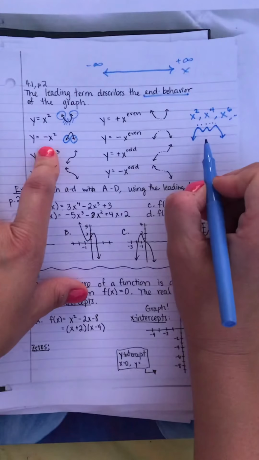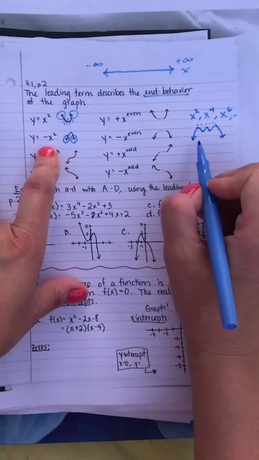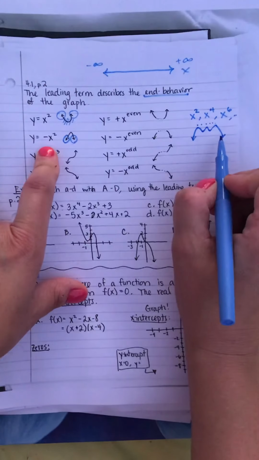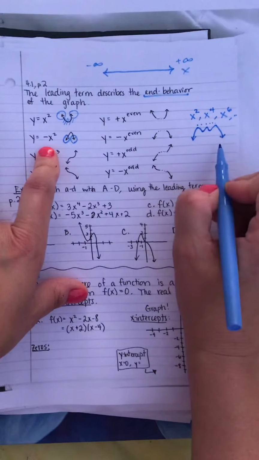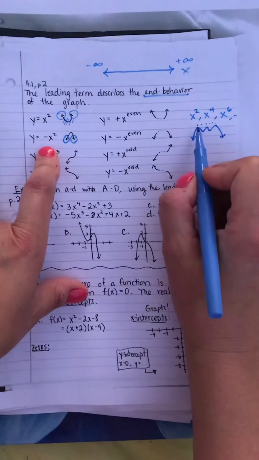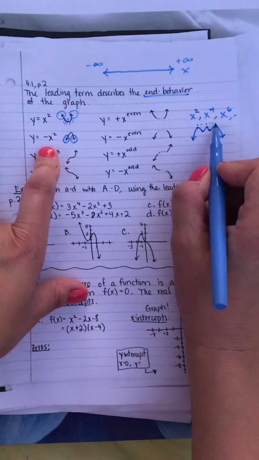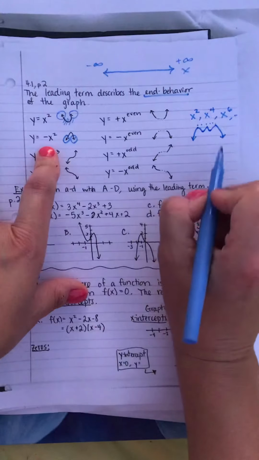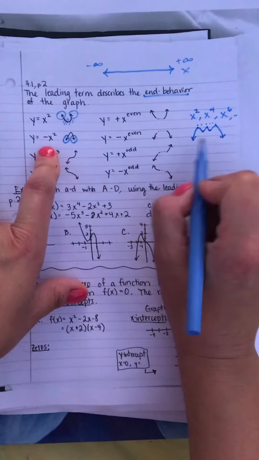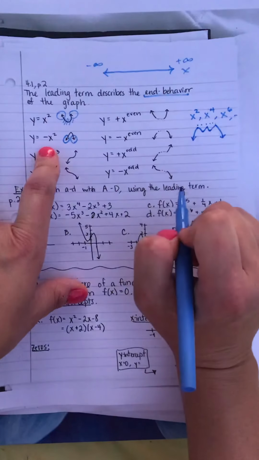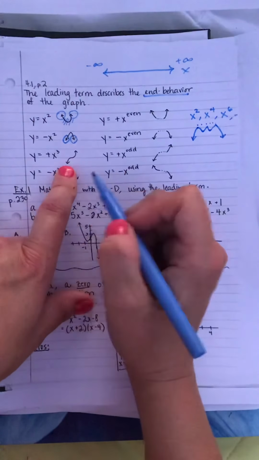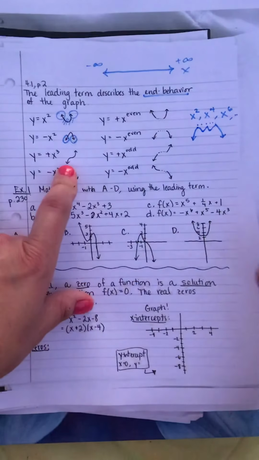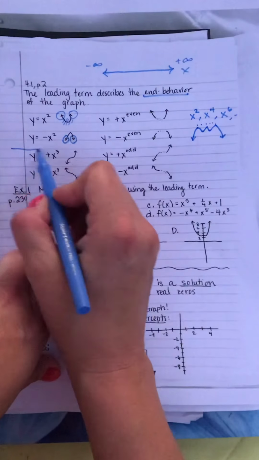Because we know this is not x squared, and this is not a negative x squared. And I know this is not a negative x to the fourth. I can count 1, 2, 3, 4, 5. And I can tell you the minimum exponent just based on that. Okay, so we're going to get there. That's where we're headed. Okay, so now let me draw a line.